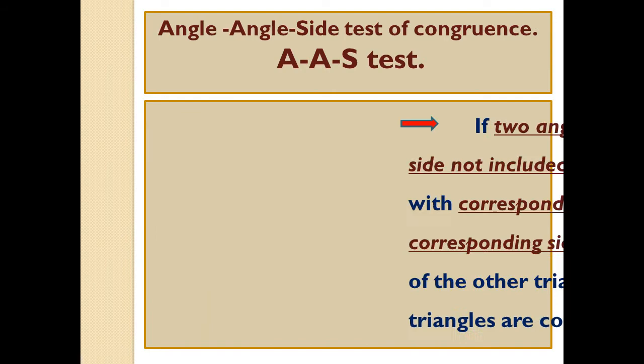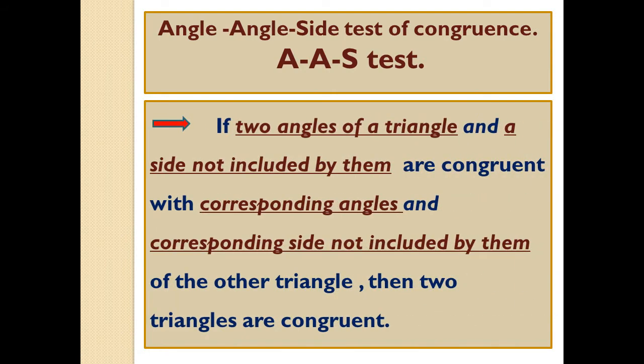Now the definition of this test is here. We can define it as: if two angles of a triangle and a side not included by them are congruent with corresponding angles and the corresponding side not included by them of the other triangle, then two triangles are congruent.